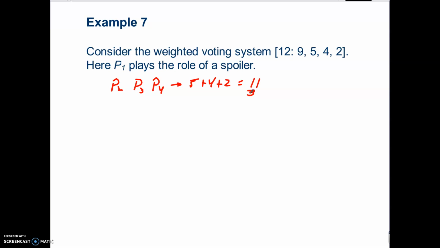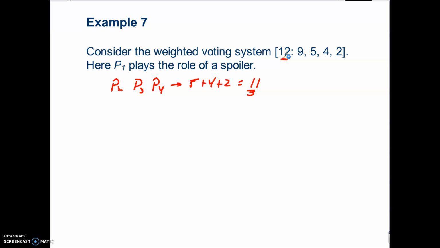notice that doesn't really matter because the quota is 12, so we really need player 1. Player 1 must always vote yes. If player 1 never votes yes, this thing is not going to pass.